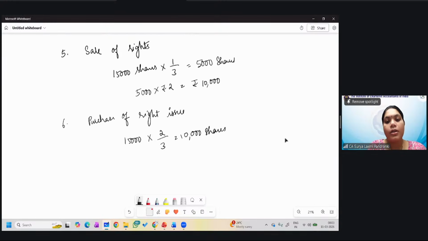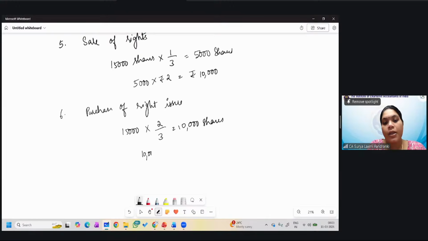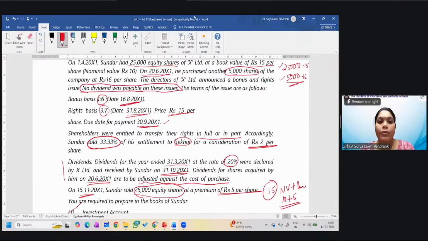This 2/3, which is 10,000 shares, you must have purchased it for how much price? How much price will this rights issue be purchased for? Can you see that in the question? 15 per share. Rights issue is on 15 per share, right?